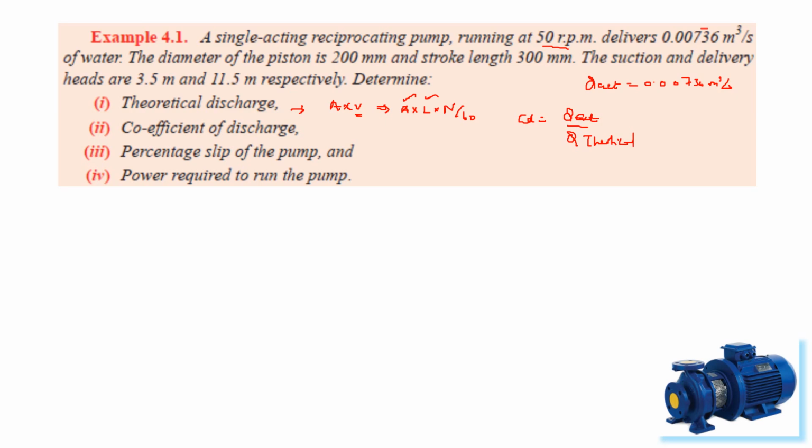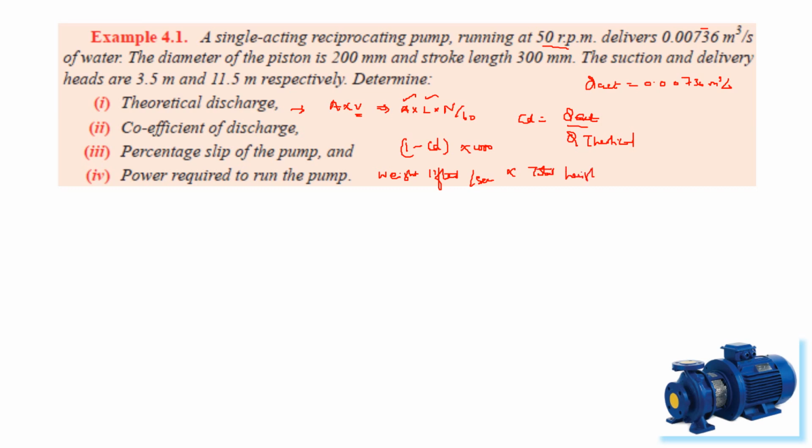Then what about the percentage of slip? It is 1 minus CD into 100. This is the percentage of slip. And for power required, it is the weight of water lifted per second into the total height.